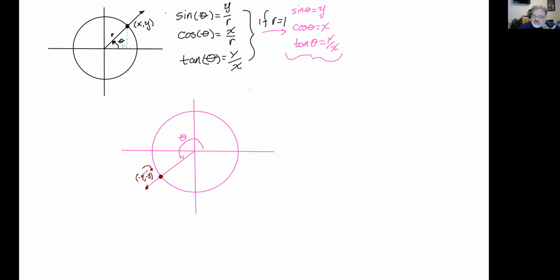Well, if the point -4, -3 is on that ray, then we certainly know that this physical length is 3. Now it is in the negative direction, so I'm going to keep it -3. And we know that this physical length is -4.